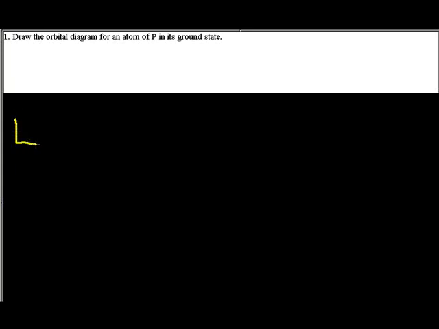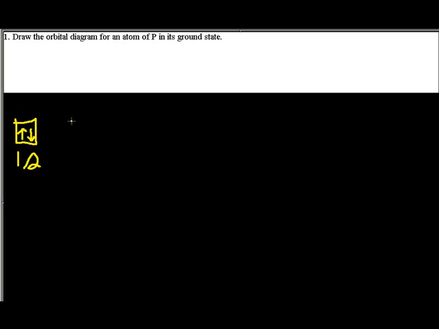In the first box, it represents the 1s orbital, and that 1s orbital is the one that carries the electrons at the first shell. According to the Pauli exclusion principle, in a given orbital, you cannot have two electrons with the same spin. And so you would draw two arrows inside the 1s box, one up and one down.